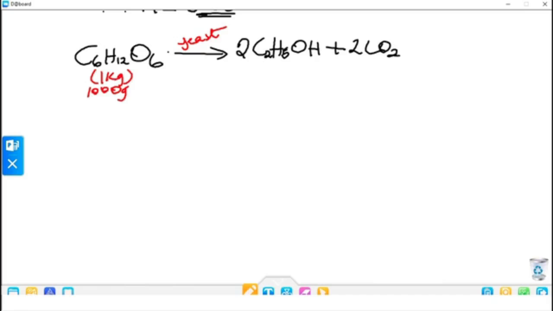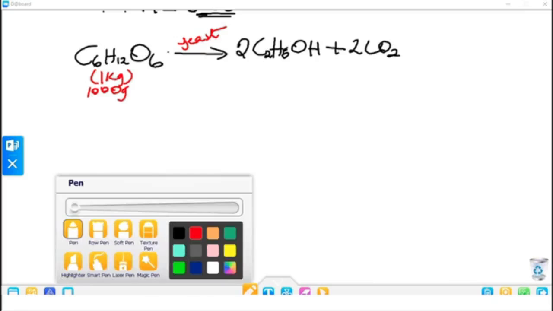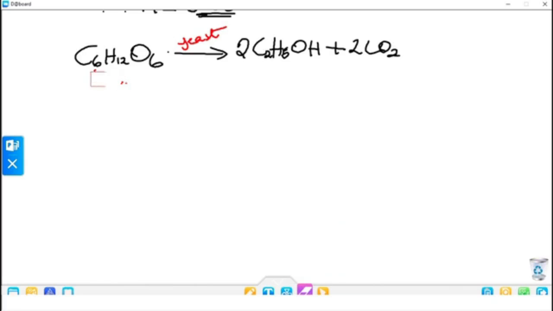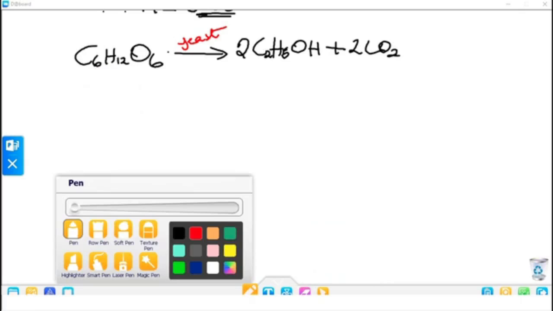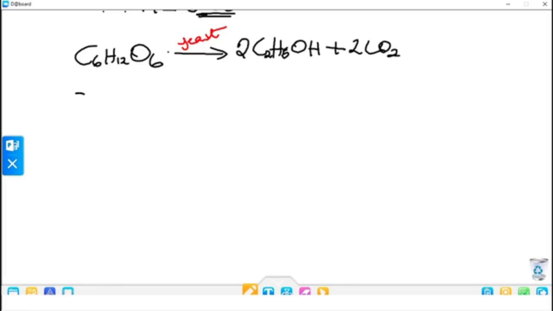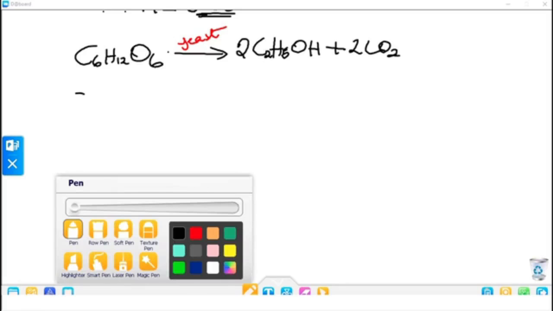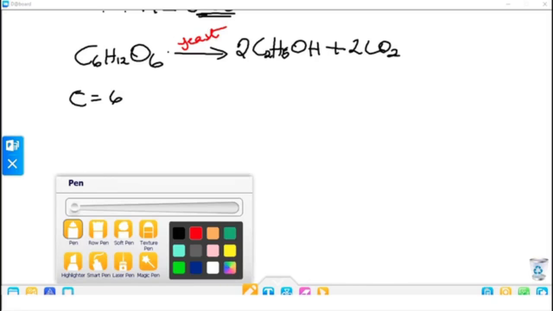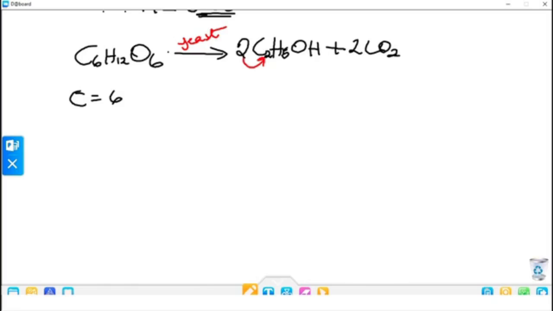So what we need to do is, first of all, check for a balanced equation. Is the equation balanced? That's the first question. Yes, looking at the equation, it is balanced. As we can see, it is absolutely balanced. Carbon is 6 at the left-hand side, and at the right-hand side, carbon is 6. 2 times 2, 4, and there is another 2 here.